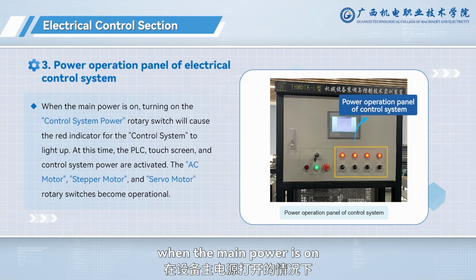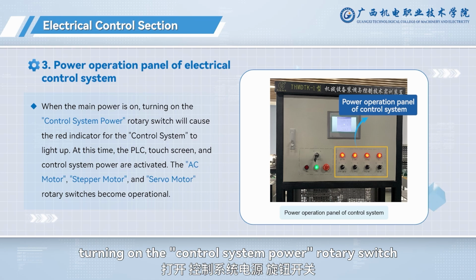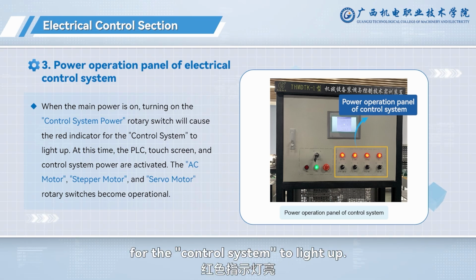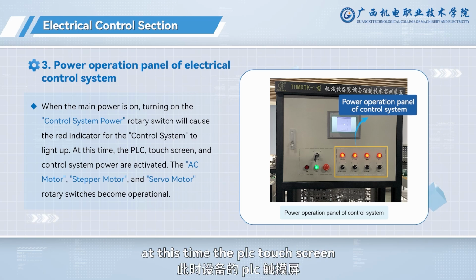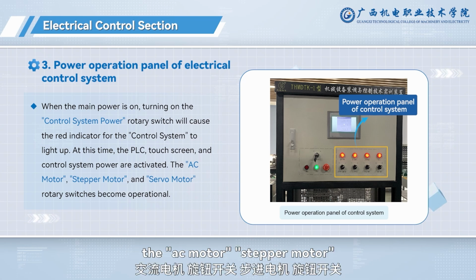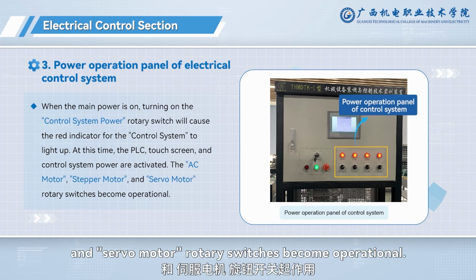When the main power is on, turning on the control system power rotary switch will cause the red indicator for the control system to light up. At this time, the PLC, touchscreen, and control system power are activated. The AC motor, stepper motor, and servo motor rotary switches become operational.